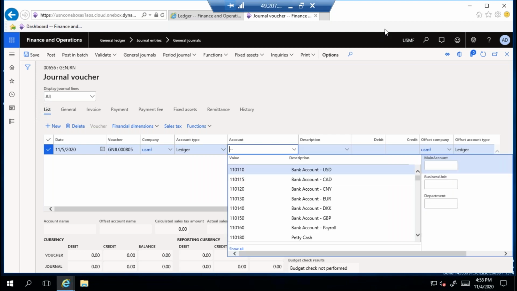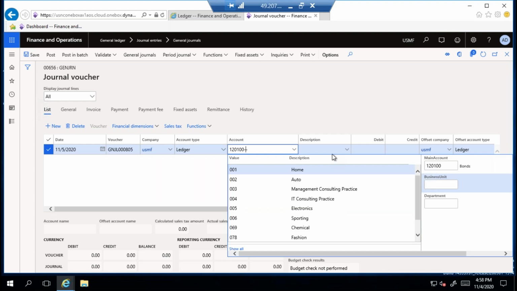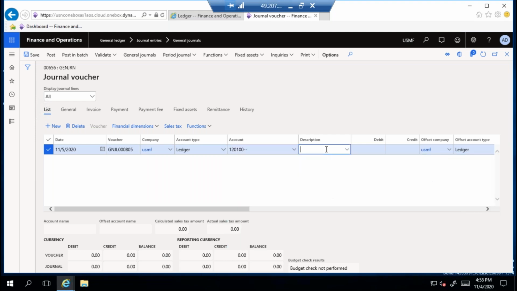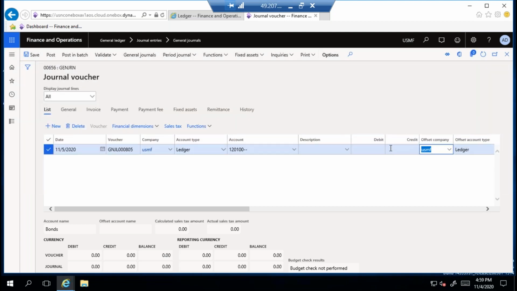Suppose we are entering some account. Take the example. Suppose I'm entering for bonds. I'm not entering any dimensions. I'm skipping. So it is telling clearly that blank is not allowed for business unit for the combination. I'm neglecting, just skipping.